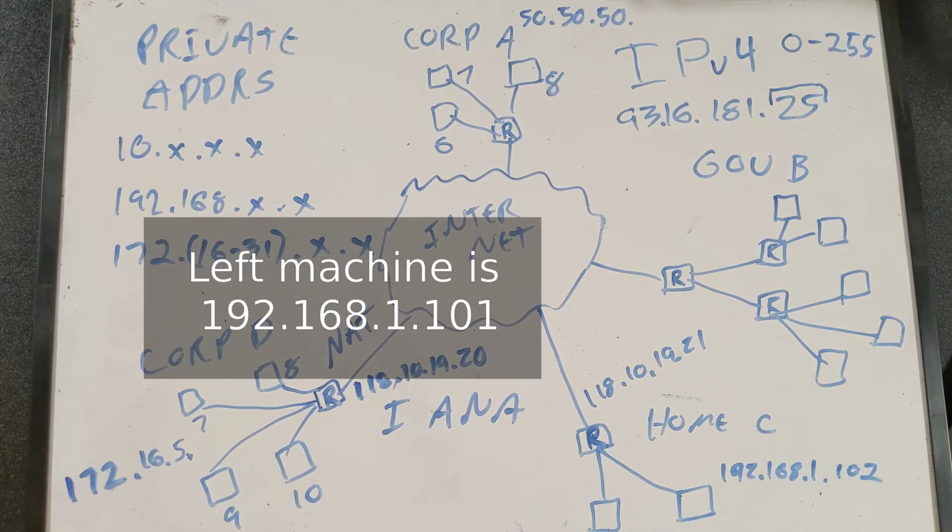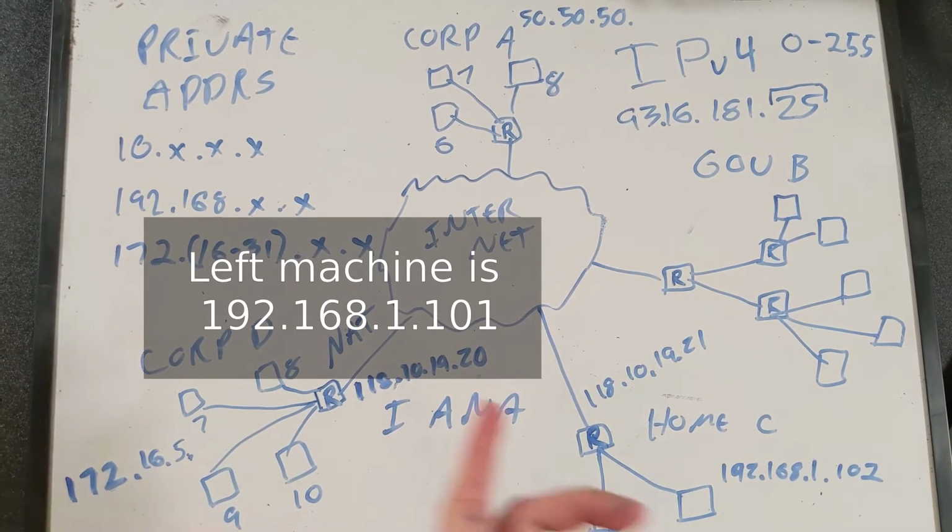That's the most likely home network addresses. After the 192.168.1 block, the next most common block that gets used for home routers is 192.168.100. Whatever.